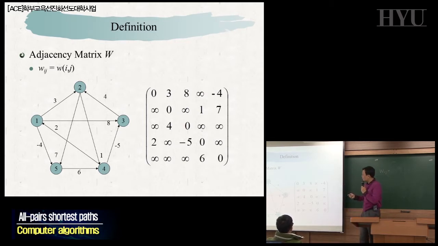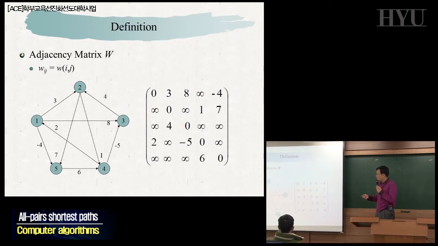Yes, so look at this. The entry W_12 is 3 because the weight of this edge from 1 to 2 is 3. All the other entries are calculated in this way. And look at this.